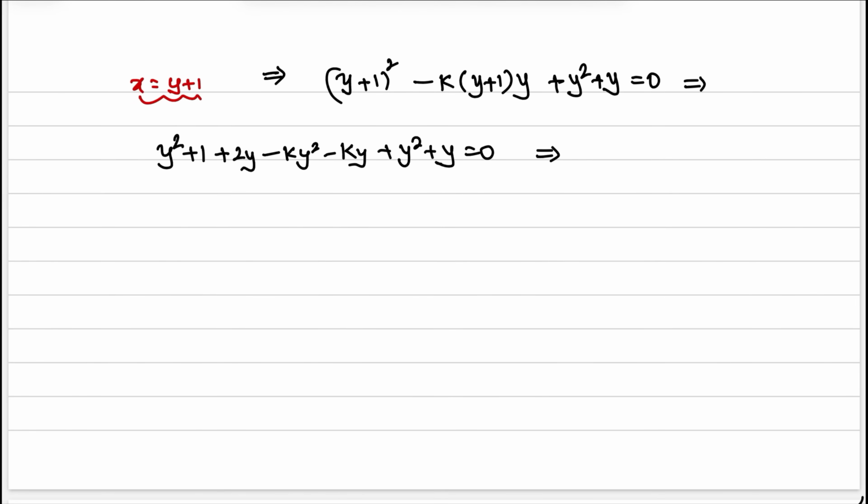That implies y square plus y square minus ky square is 2y square, plus 2y plus y is 3y, plus 1, and we will send k values on the other side. Then this is equal to ky into y plus 1.